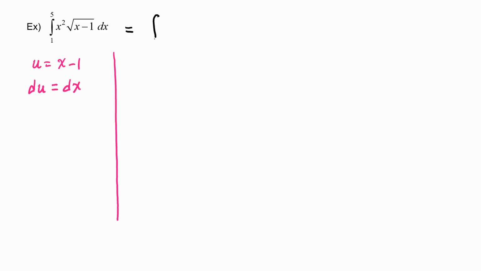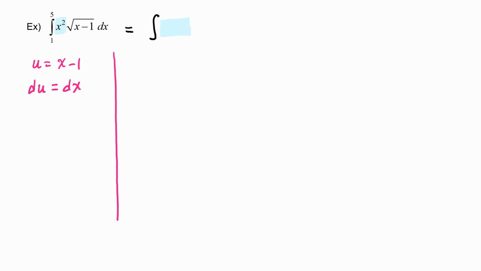We'll integrate, and let's come back and do the limits of integration in just a minute. First up, we have this x squared going on, and we have to figure out what that's going to be in the new u variable.